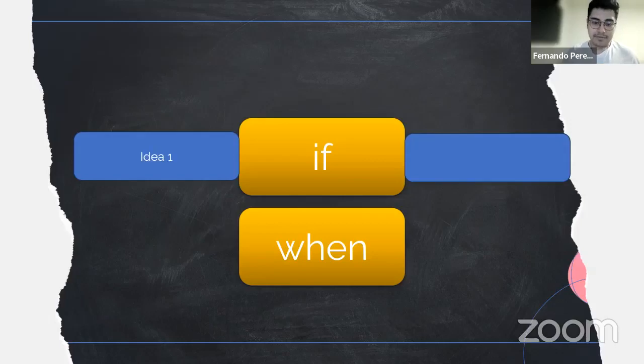Idea number one, which is, as Laurita said, subject, verb, and complement. And then idea number 2, which again, it's subject, verb, and complement. This is the green section, the one over here.